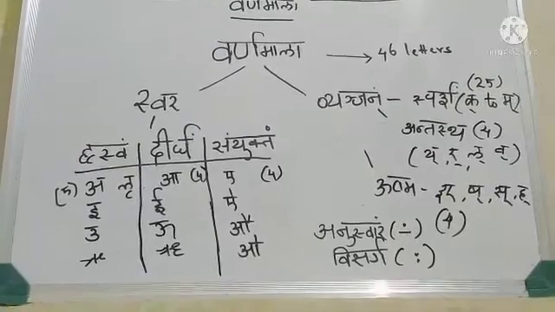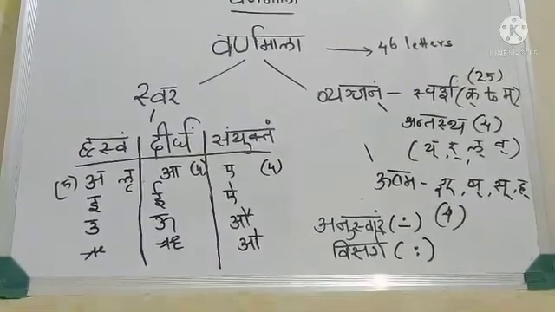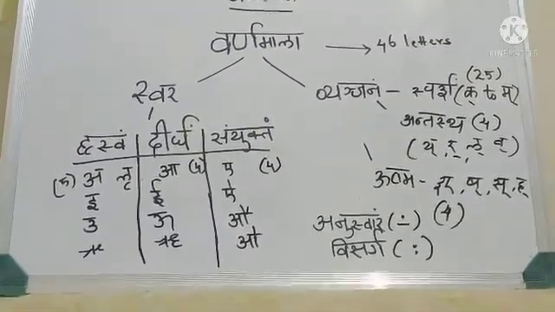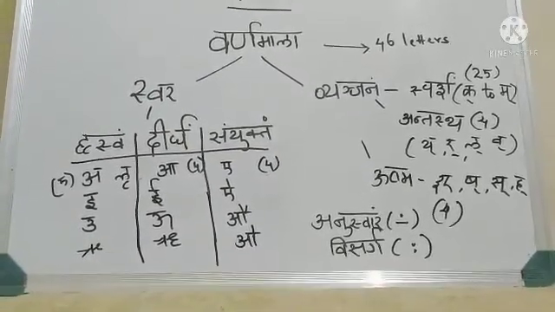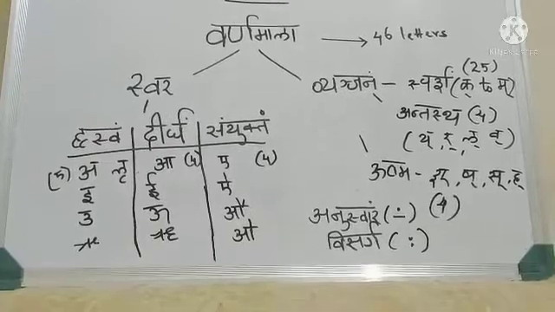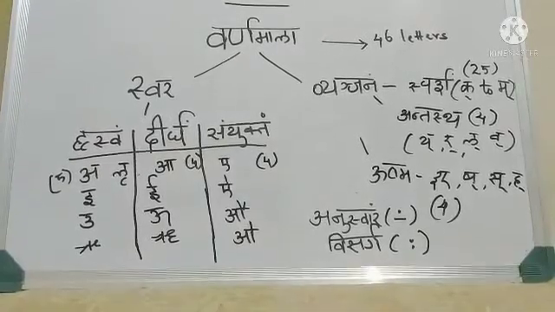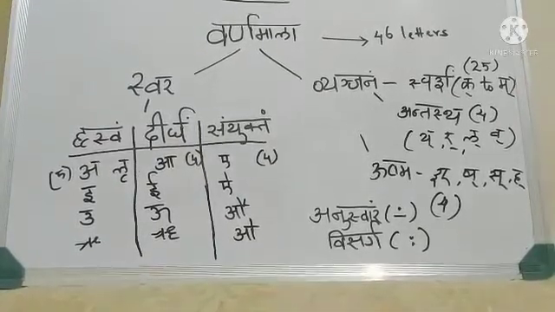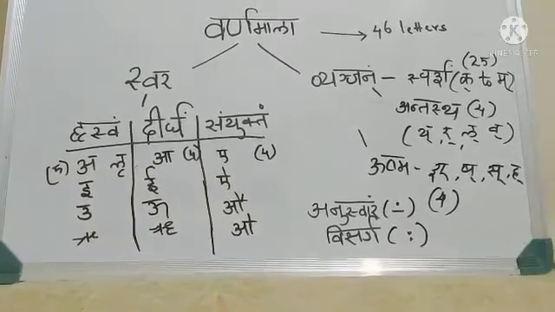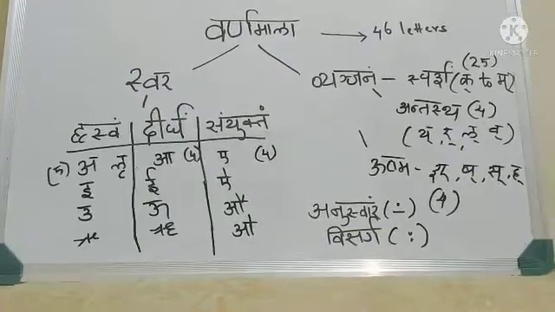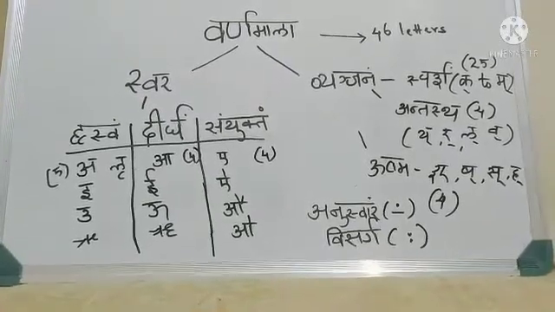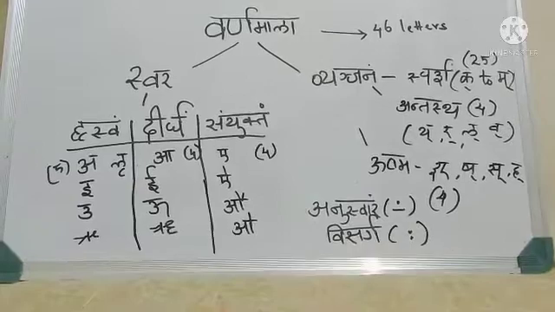Like that, our Sanskrit has a similar Varnamala with a little difference. First, Hrasvam includes 5 alphabets: A, I, U, R, L.